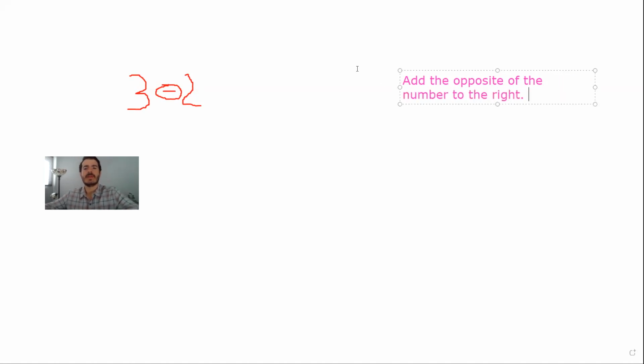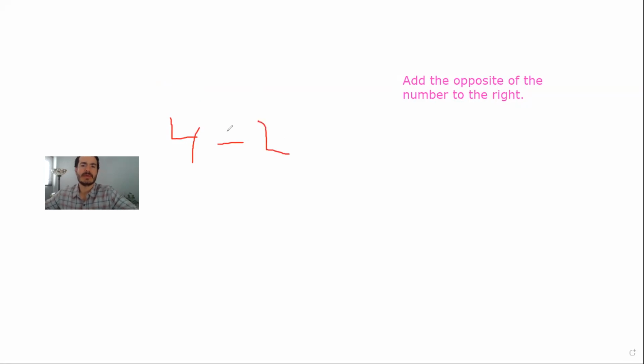Okay, so what do I mean by the number to the right? I'm going to say 4 minus 2. Here's the subtraction sign. We're going to think of it as add the opposite of the number to the right. The 2 is the number to the right. What's the opposite of 2?